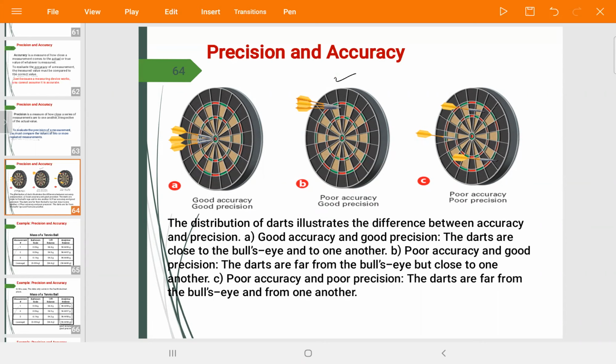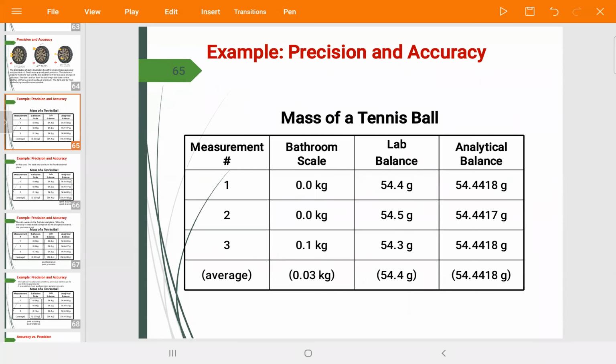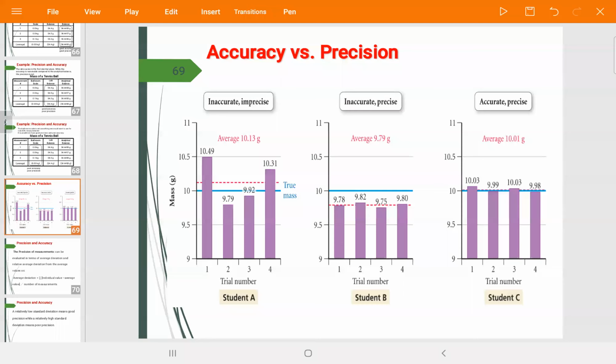In the third part, they are neither accurate nor precise. So that is the main difference between precision and accuracy.